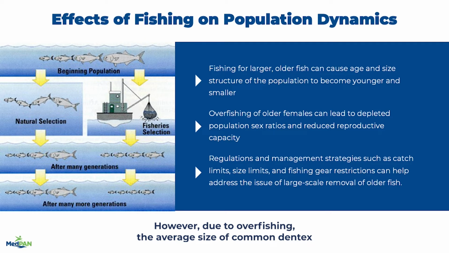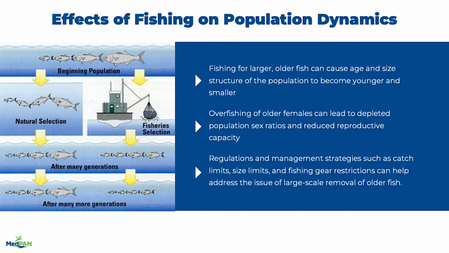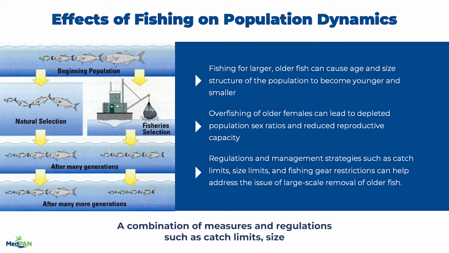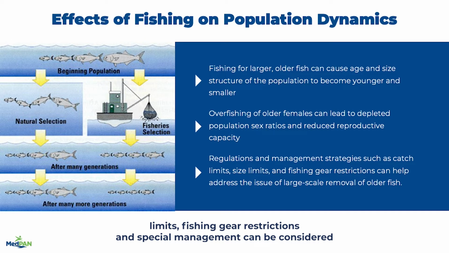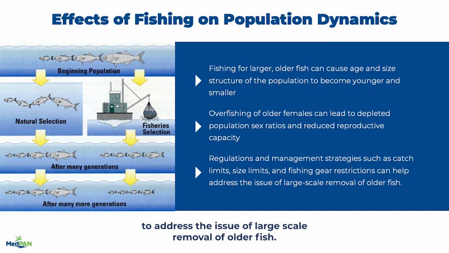However, due to overfishing, the average size of common dentex has decreased and the population-sex ratio has become more male-biased in some areas. A combination of measures and regulations such as catch limits, size limits, fishing gear restrictions, and special management can be considered to address the issue of large-scale removal of older fish.